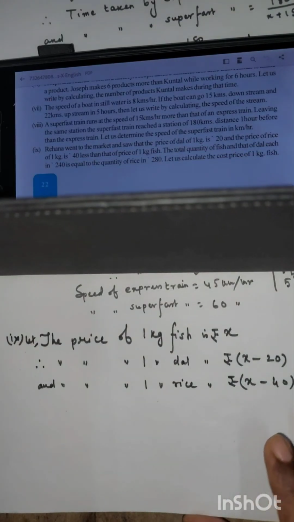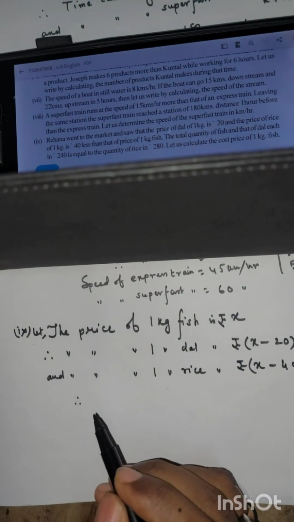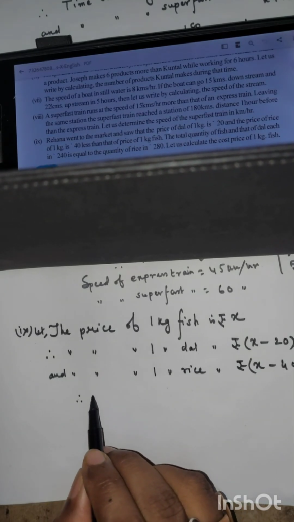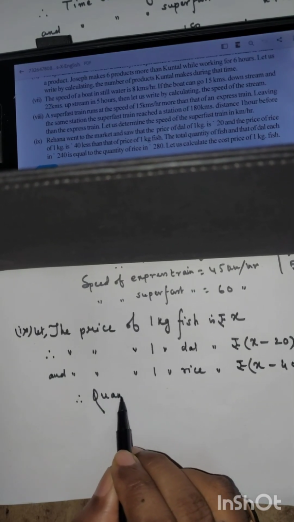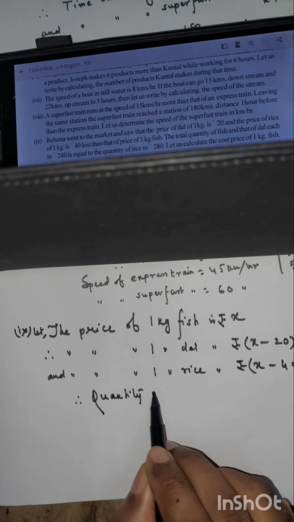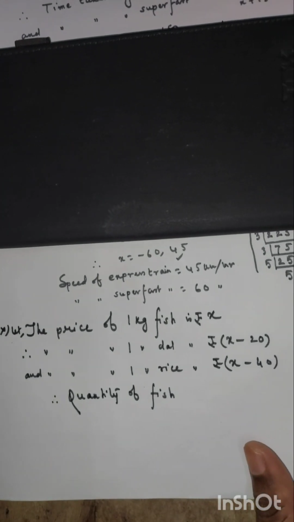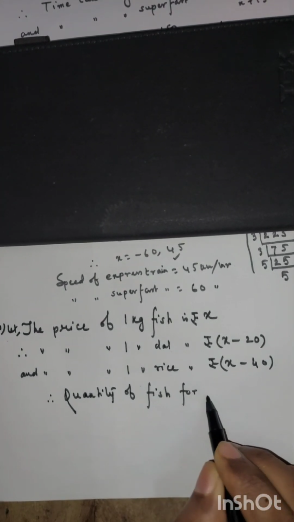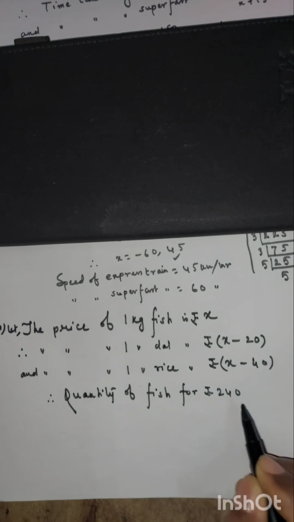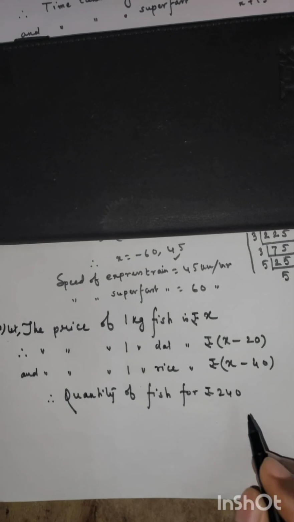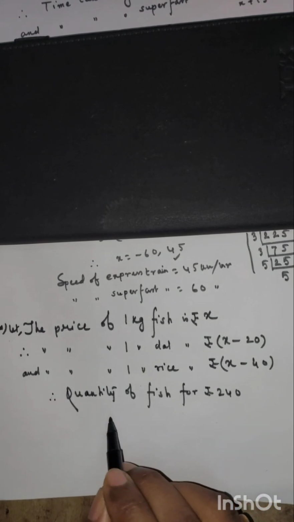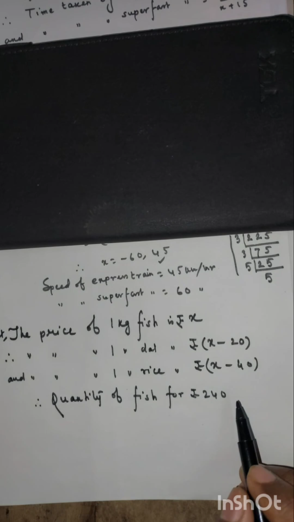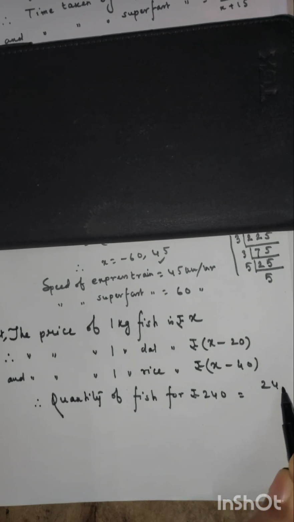Okay, therefore quantity of fish for rupees 240 is equal to price by price per kg.